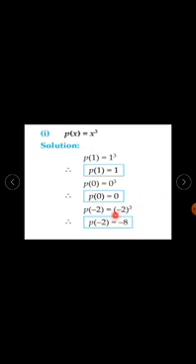Therefore minus 2 cube means minus 8. Therefore p of minus 2 equal to minus 8. So for this polynomial p of 1 is 1, p of 0 is 0 and p of minus 2 is minus 8.